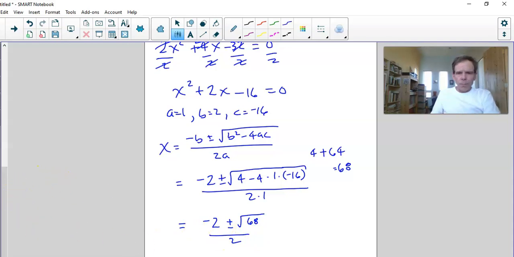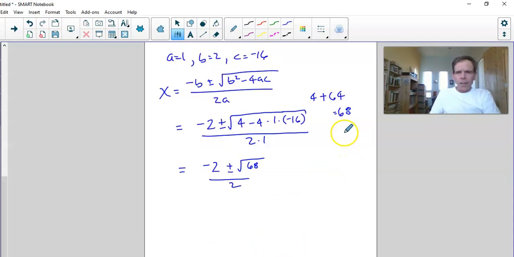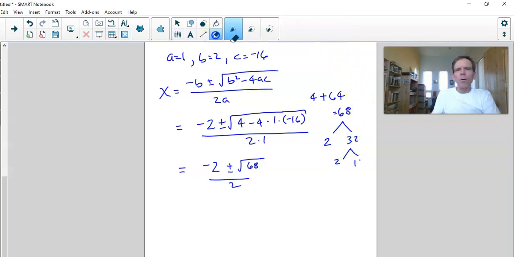Now, I'm a little worried about that radical. It should probably be simplified. So let's see what would happen if we tried to simplify it. Let's get the prime factorization for 68. 2 goes in, whoops, sorry, it doesn't go in 32, it goes in 34, right?